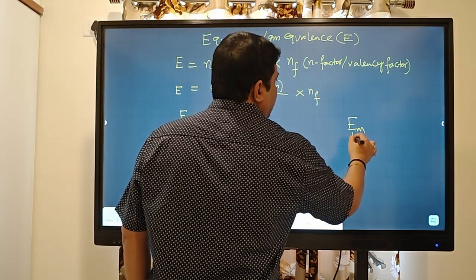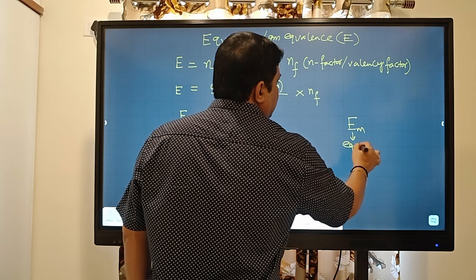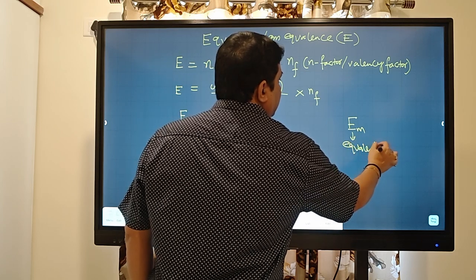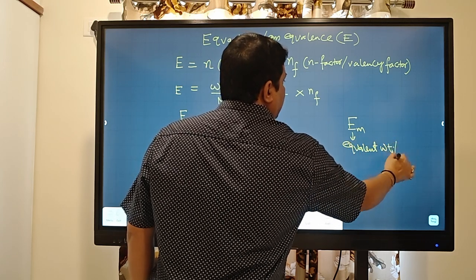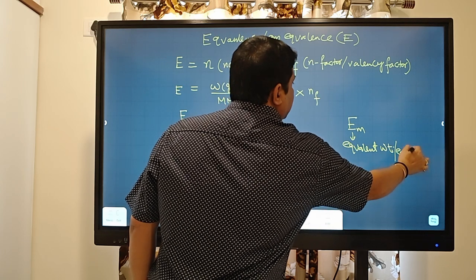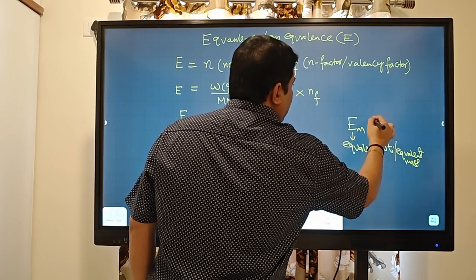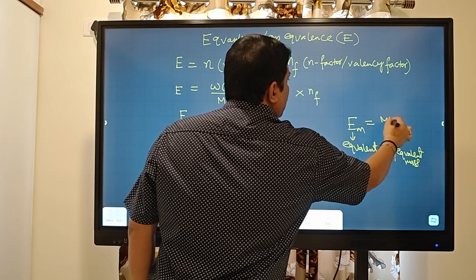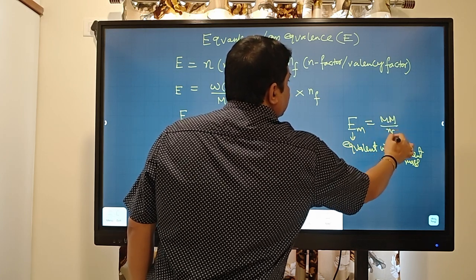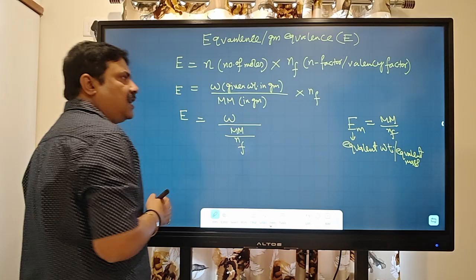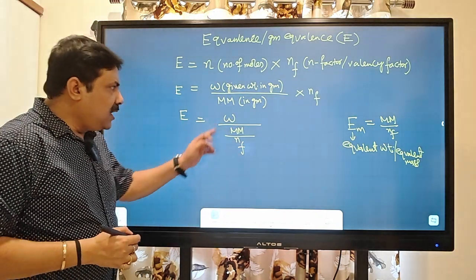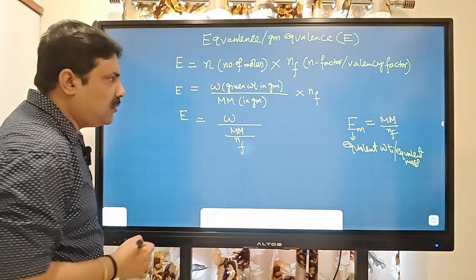EM is the equivalent mass or equivalent weight, whatever you call it. Equivalent weight or equivalent mass will be equal to molar mass by n factor of the substance. Remember, very important idea. So instead of molar mass by n factor, I can write equivalent mass.